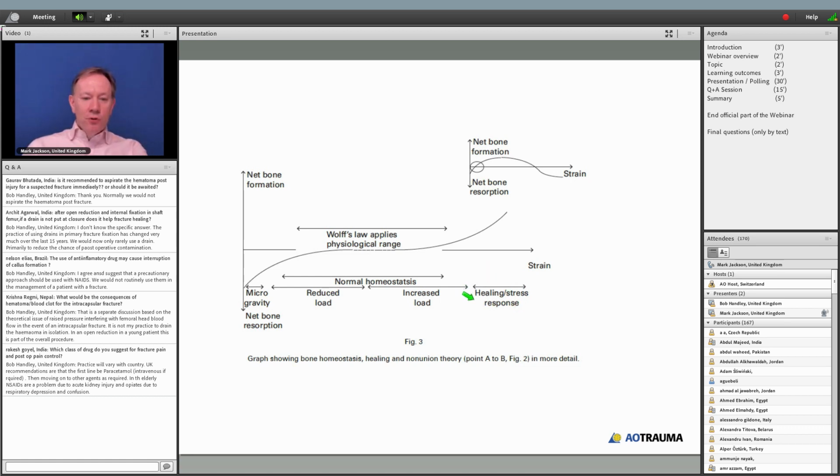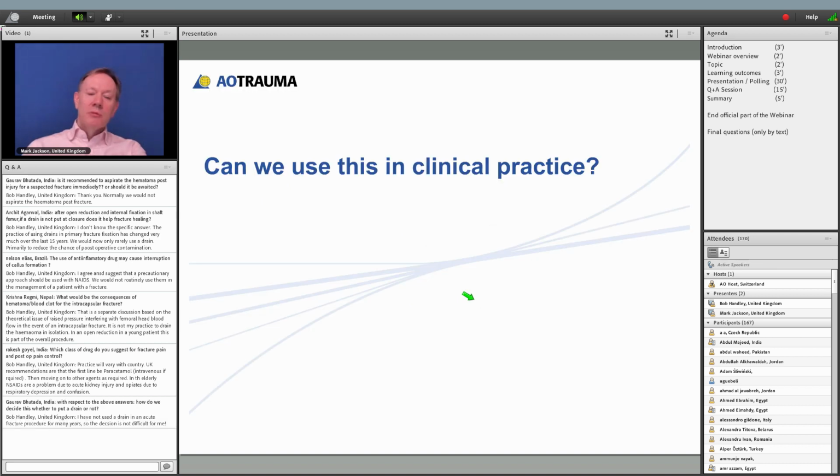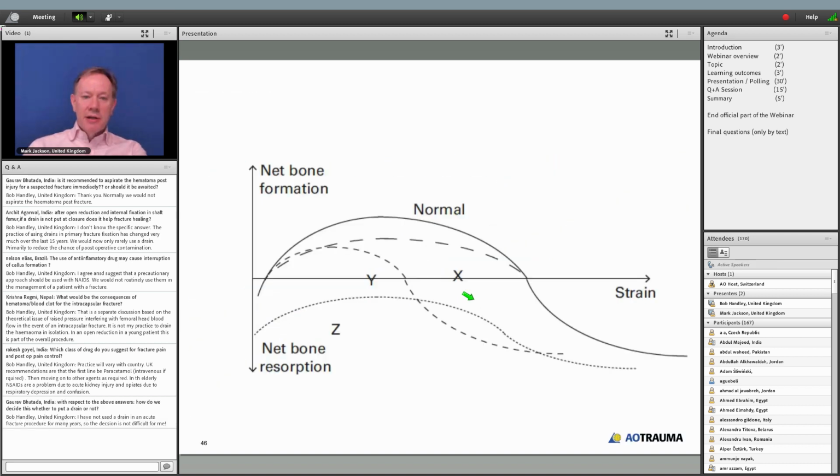And we can take that forward to look at how this might influence our clinical practice. So this is taking out that part of the curve, and this is our progression from high interfragmentary strains immediately post-fracture to lower strains as we're going towards fracture union. And that may be influenced.